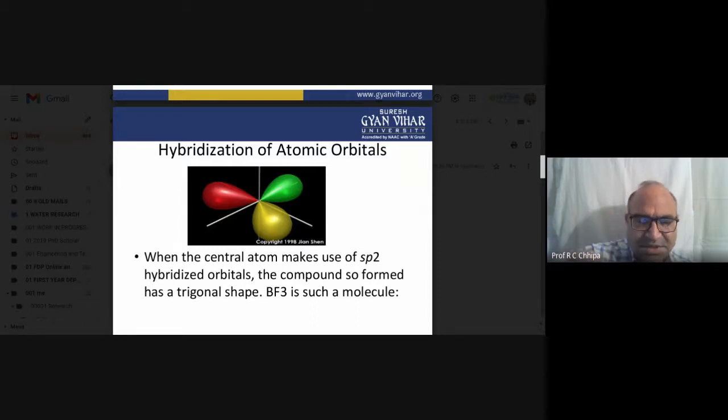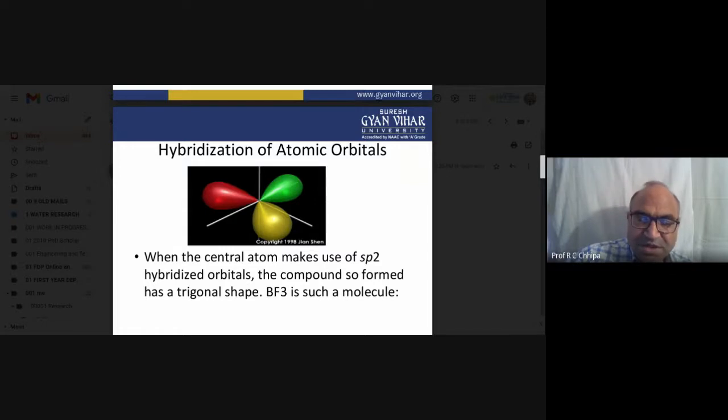In the excited state, the electronic configuration of boron is 1s2, 2s1, 2px1, 2py1, with three unpaired electrons. When the central atom in BF3 or boron trichloride makes use of sp2 hybrid orbitals, the compound formed has a trigonal shape.